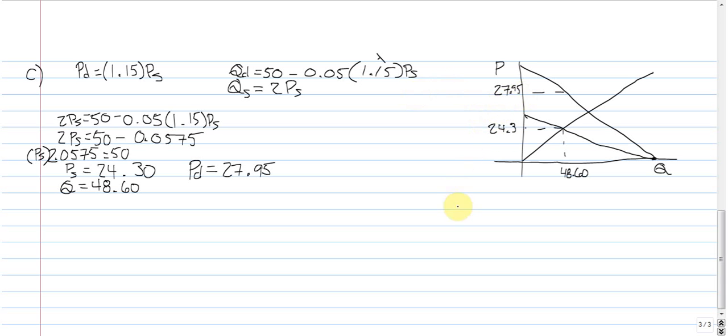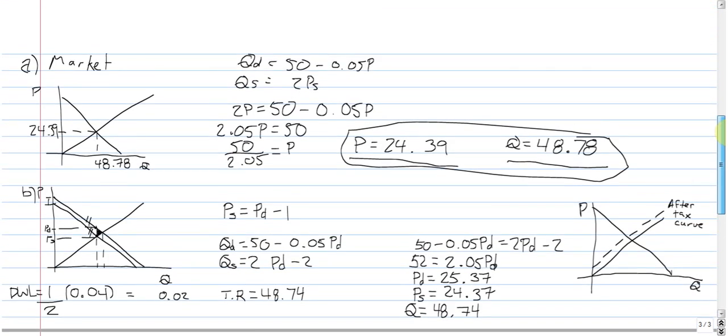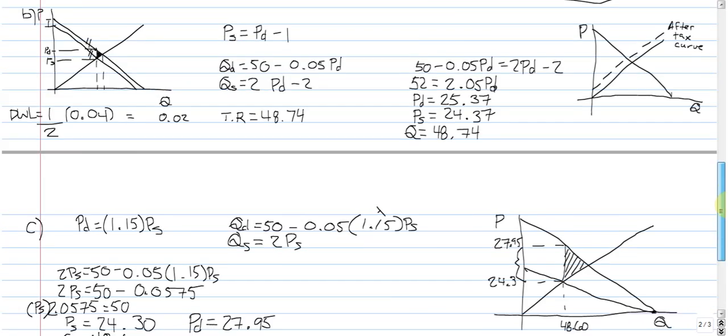So our triangle that we're trying to calculate, right? This same one, the deadweight loss triangle, 1/2 times the 3.65 that we got from here, and the quantity restriction, which is the market quantity, sorry, I'm going to have to go back up here. Market quantity was 48.78.